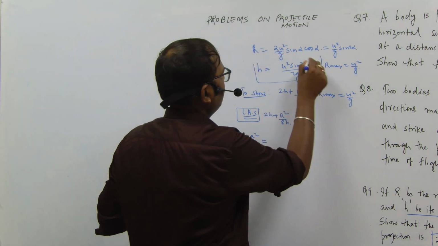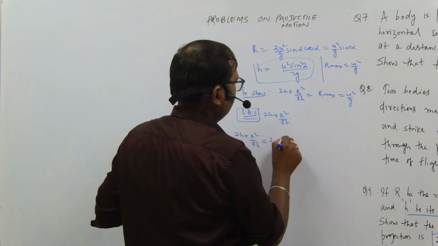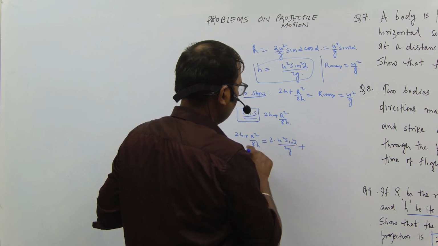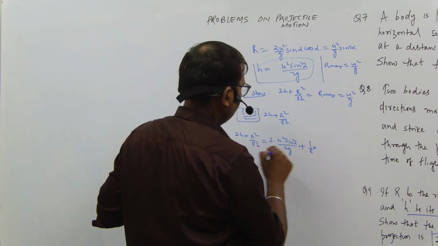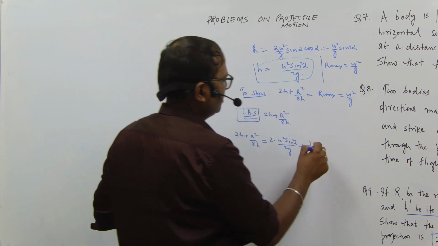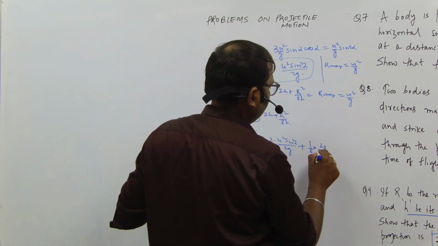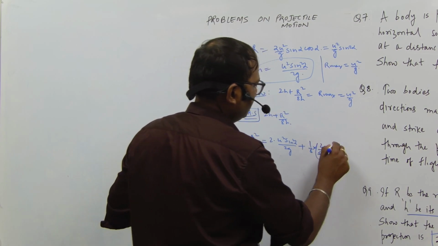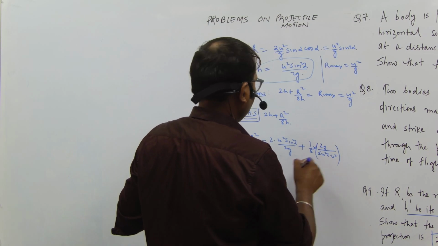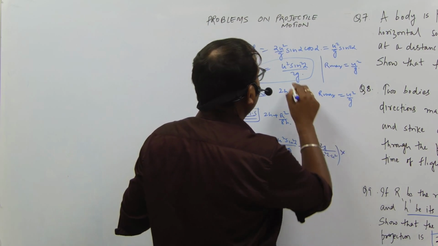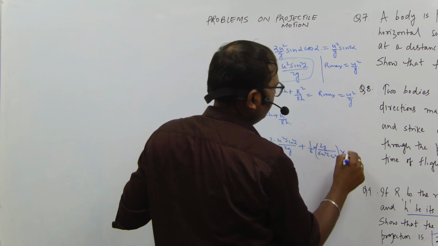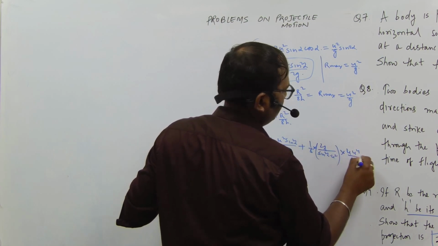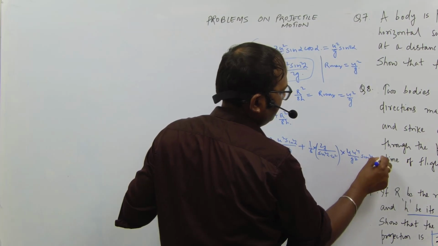So what is the value of h? It is 2 into u square sin square alpha upon 2g plus 1 upon 8 into 1 upon h. So 1 upon h is 2g upon u square sin square alpha, into R square. R square is the square of this, so this is 4u to the 4 upon g square sin square alpha cos square alpha.